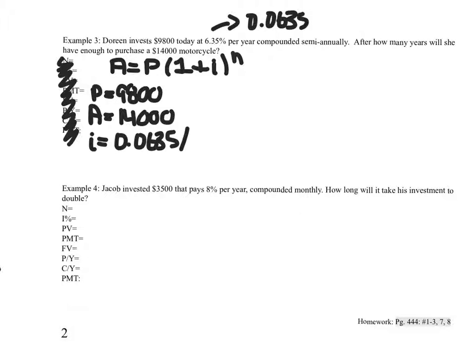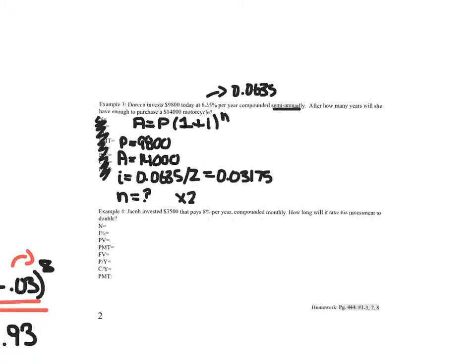And it's compounded semi-annually, so that's why we divide it by 2. And we get a value of 0.03175. But our n is really our unknown. But whatever the n is, it was multiplied by 2. So let's plug in and let's solve.